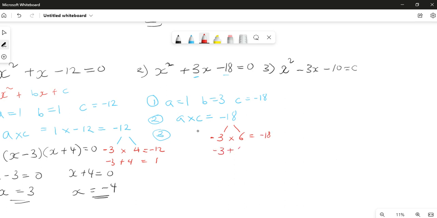Negative 3 plus 6 gives you positive 3. All right, so our two factors are x minus 3 and x plus 6 equals 0. We say therefore x is going to equal positive 3, and x is also going to equal negative 6.